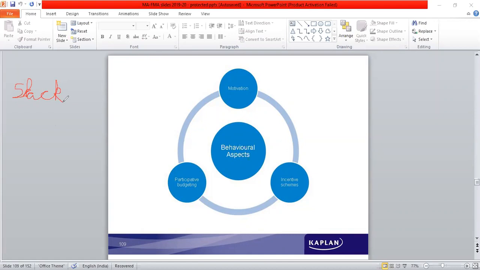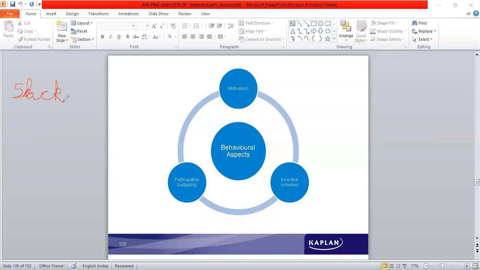That is about budgetary control. So in the participative style of budget, the employees know that in future when they implement the budget, their actual results will be compared with the budgeted results, and they will be evaluated based on that.